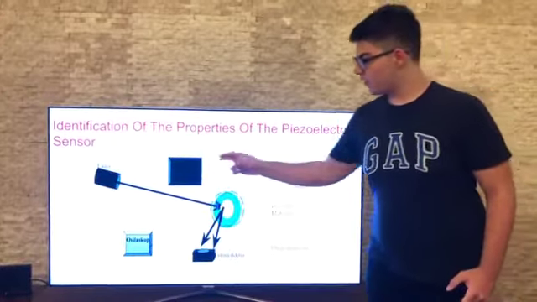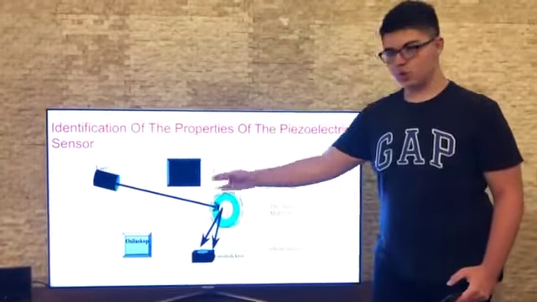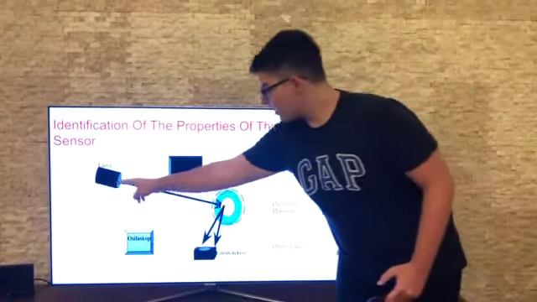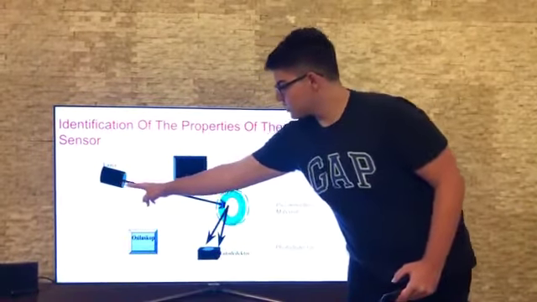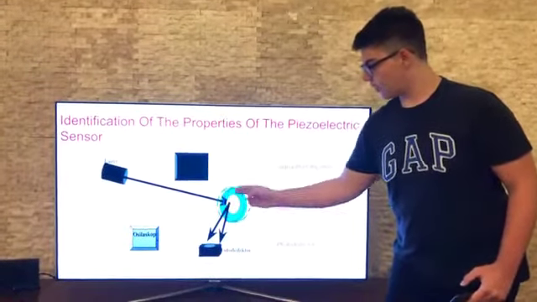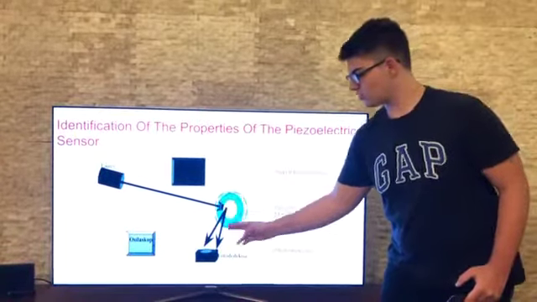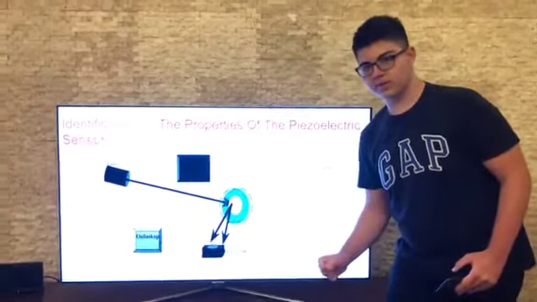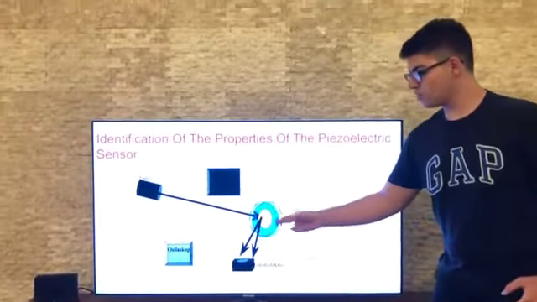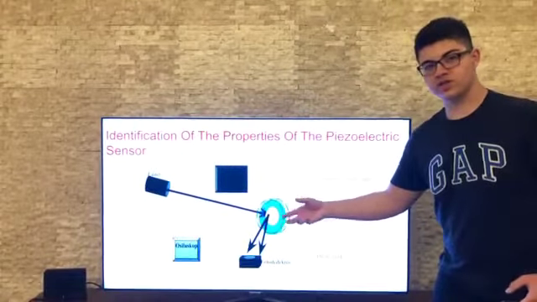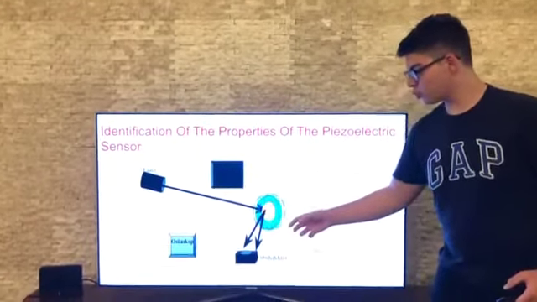For this, we created the system shown here. A laser ray is sent to the piezoelectric sensor, which gets reflected to a photodetector. When the laser hits, the piezoelectric sensor vibrates and moves.